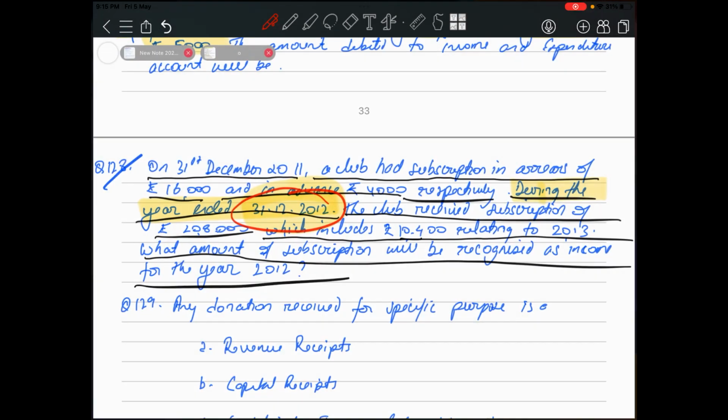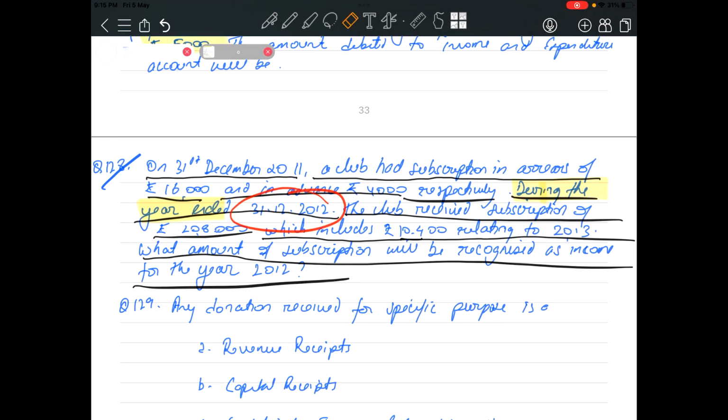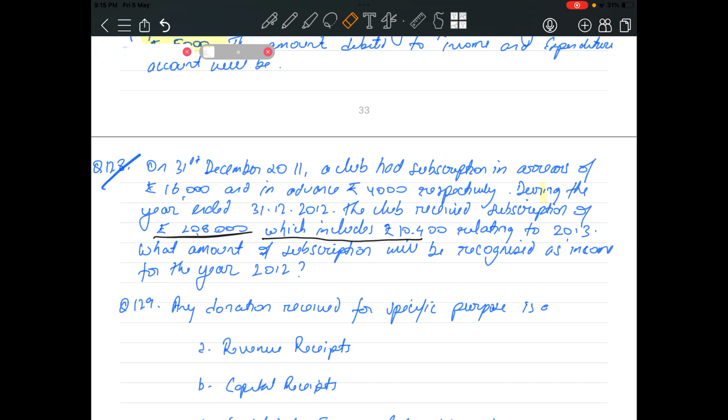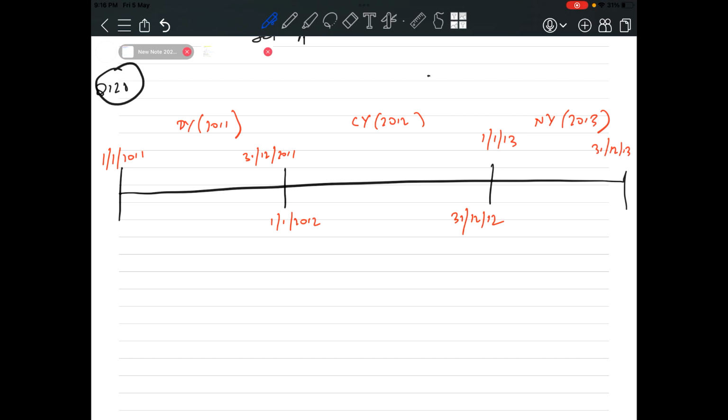Now let's read the question again. On 31st December 2011 means last year. They are talking about this period.